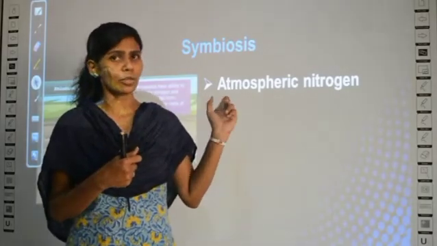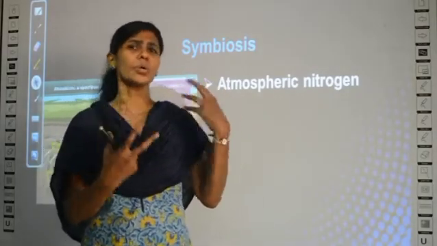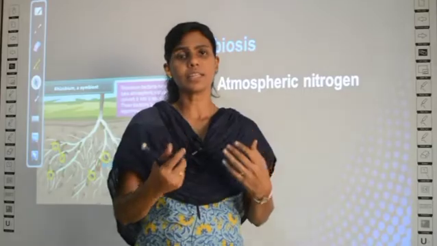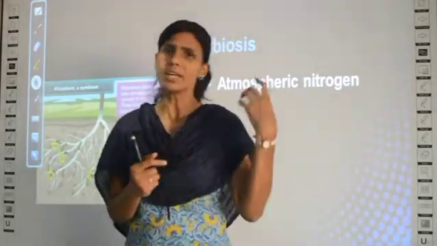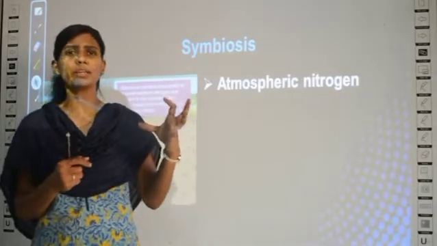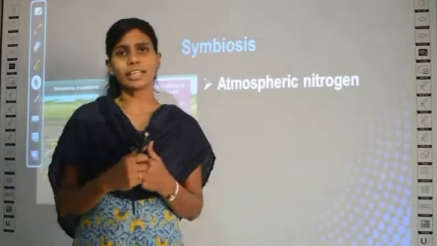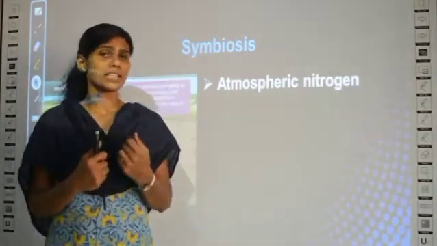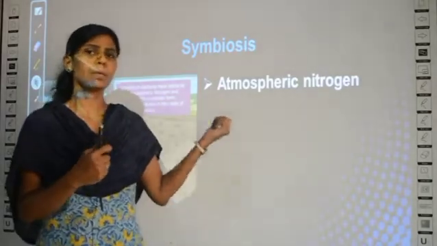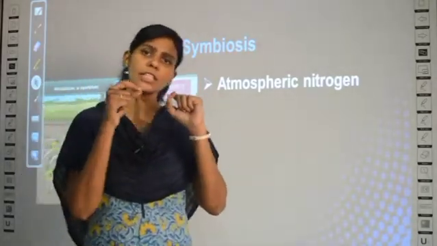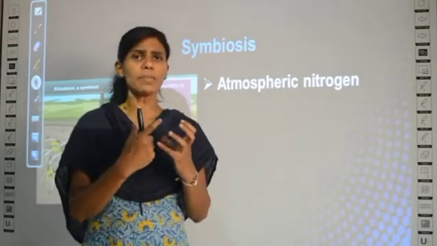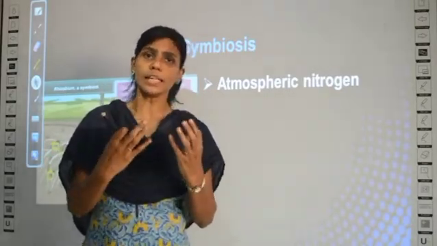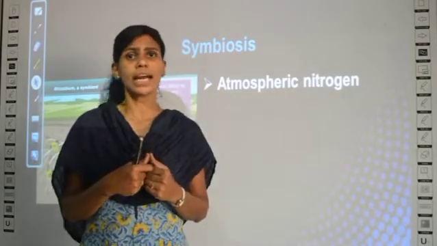But the leguminous plants have no tendency to take up nitrates. Even if you apply nitrates or nitrogen fertilizers around the plant, these leguminous plants are poor in uptake of nitrogen fertilizers. But at the same time, the rhizobium bacteria present in the nodules of the roots will help the plant get nitrogen from the atmosphere directly.